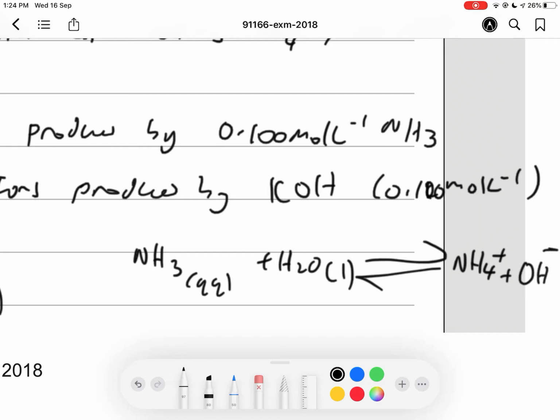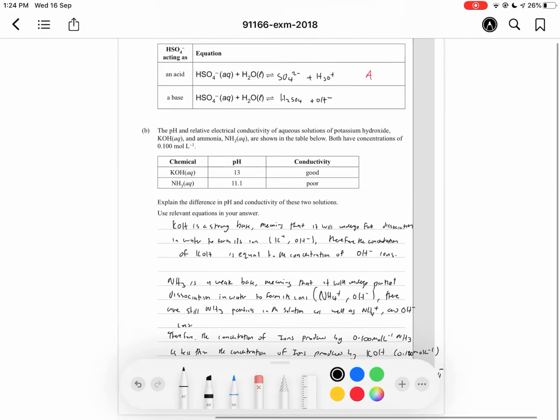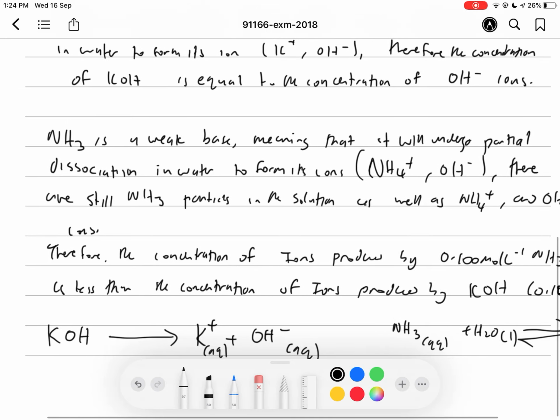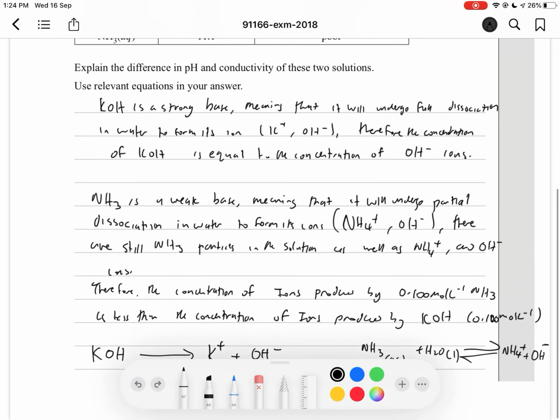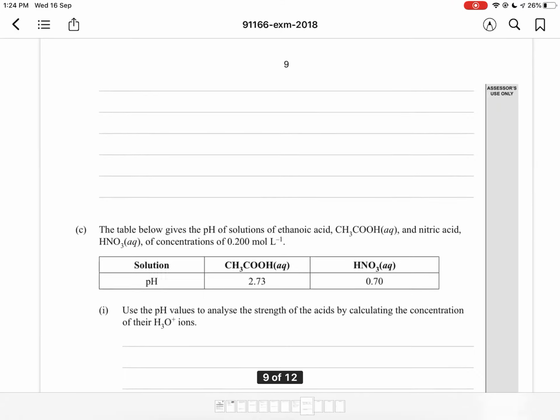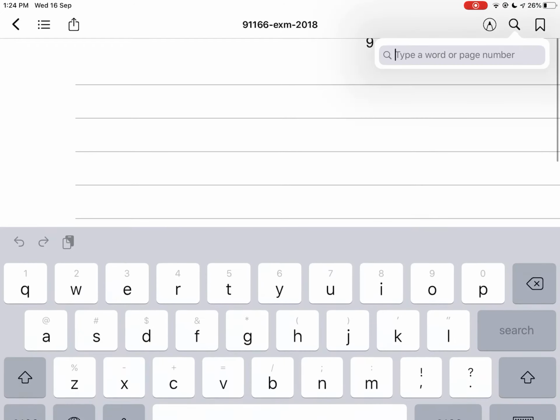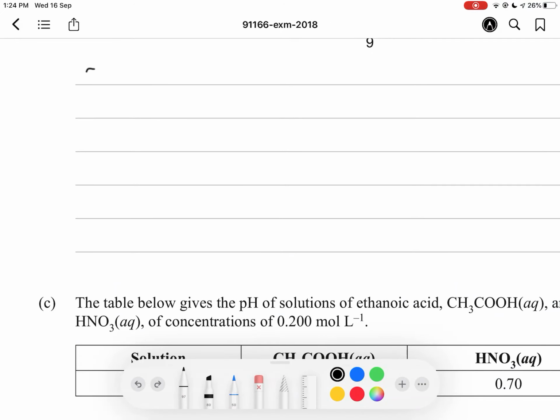In this case, water acts as the acid and donates a proton to NH3, so we get NH4 plus and OH minus. The main point is that there are fewer ions when NH3 dissociates in water than when KOH dissociates in water, because KOH undergoes full dissociation and NH3 only undergoes partial dissociation. Now we're going to link this to the electrical conductivity.